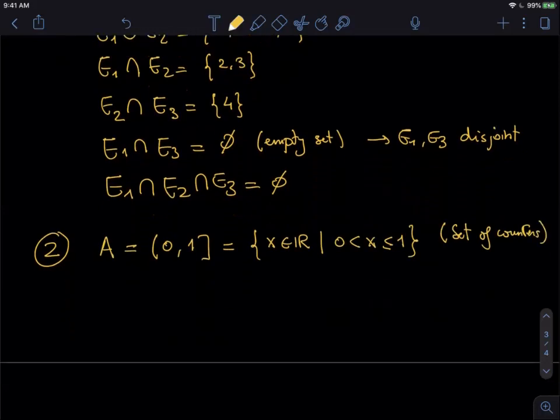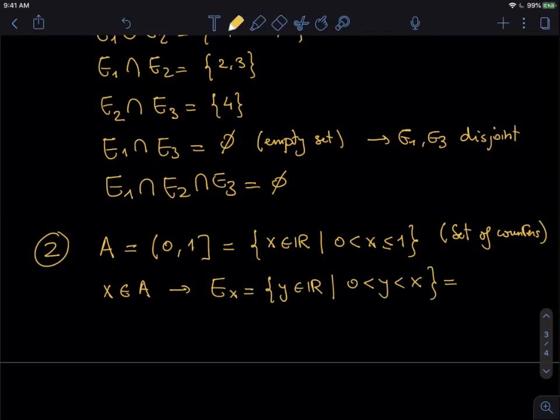And then whenever I have x in this A, I'm going to define E_x as the set of real numbers y such that 0 is less than y and y is less than x. So this would be the interval (0, x).